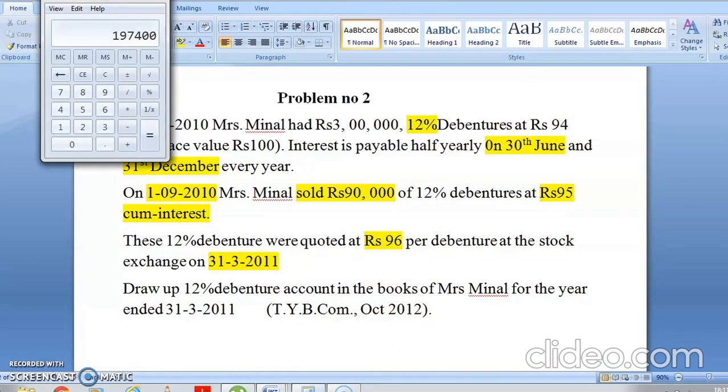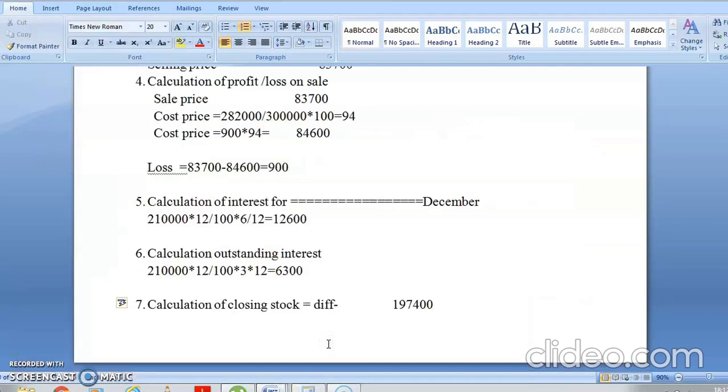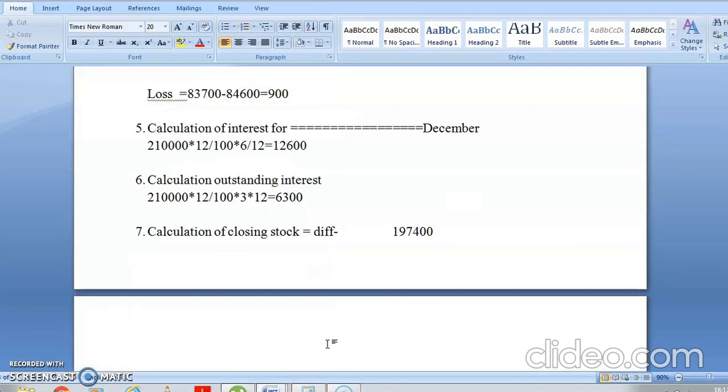So what are you going to do? Now how many units are remaining? 2,100 into 96. So that is coming to 2,01,600. It is coming to 2,01,600. Correct, students? And market value will be, I don't want to go on another page.